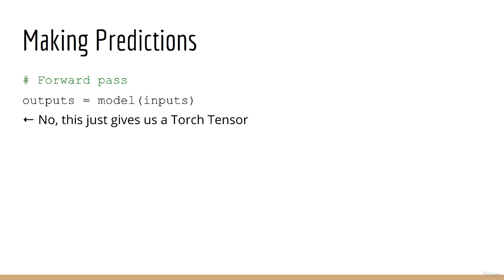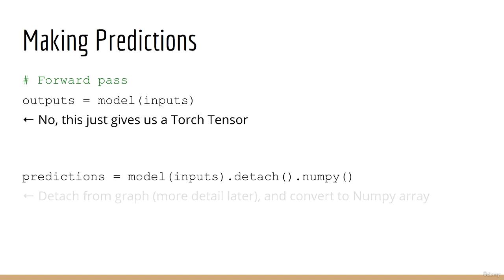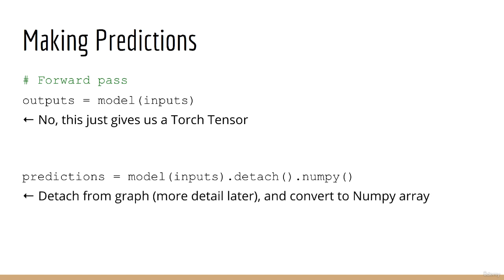Therefore, in addition to actually calculating the output, you'll also want to convert it back into a NumPy array. Normally, you can do this just using the numpy function. However, PyTorch also does some stuff behind the scenes, where it creates a graph and keeps track of the gradients in the graph. Basically, you can just call the detach function before you call the numpy function in order to detach that tensor from the graph.